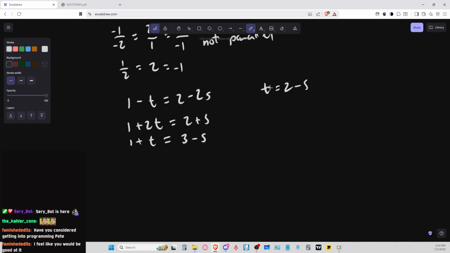Have you considered getting into programming? Honestly, I don't mind learning to code. It's just that for me, sitting and programming things, I think I tried taking a C++ course, and I kind of got bored just sitting there trying to figure out how code works. I feel like you would be good at it.